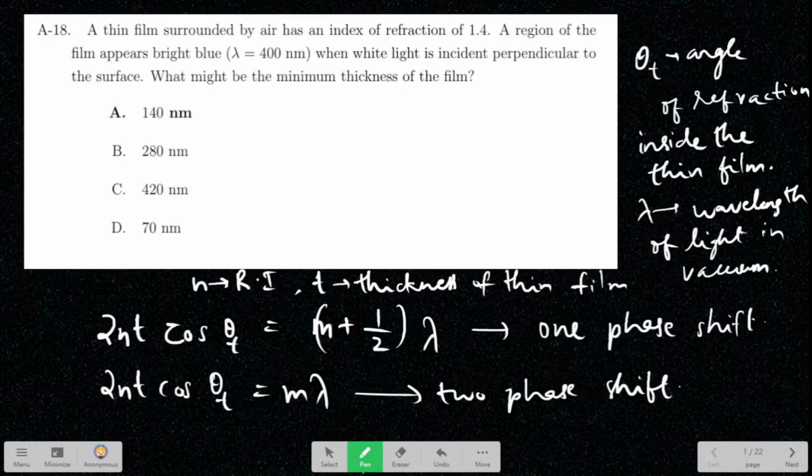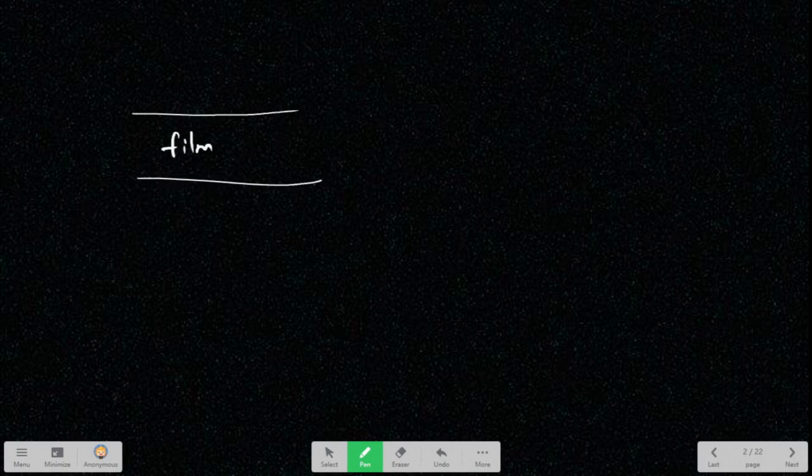Now you may be confused where one phase shift occurs and where two phase shifts occur. So let me briefly introduce that to you. So this is our film of refractive index, let's say n, and this is air, refractive index n1, and this is also air.